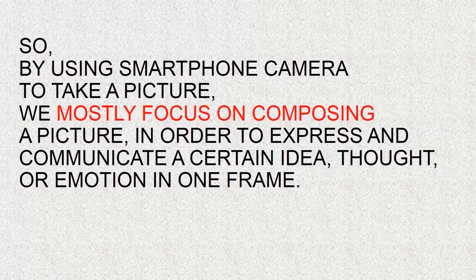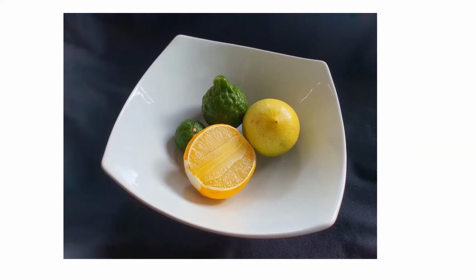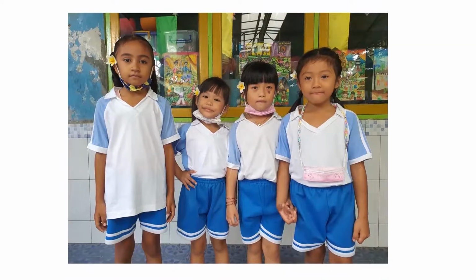If we develop good composition skills and gain a sufficient understanding of exposure techniques, we are on the right track. So, by using a smartphone camera to take a picture, we mostly focus on composing a picture in order to express and communicate a certain idea, thought, or emotion in one frame.